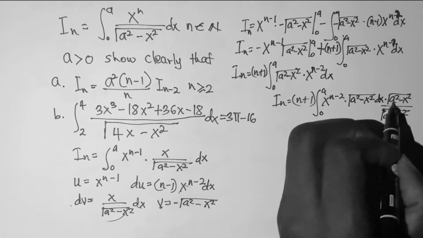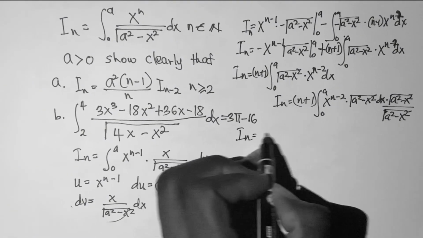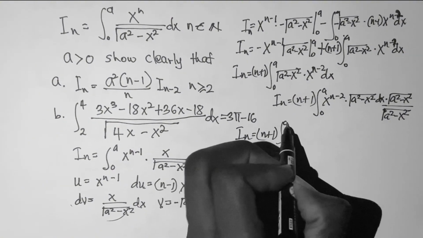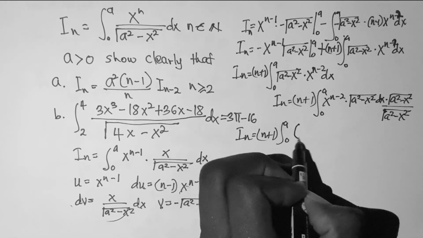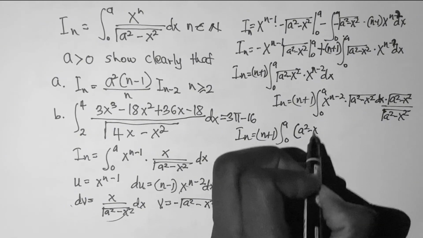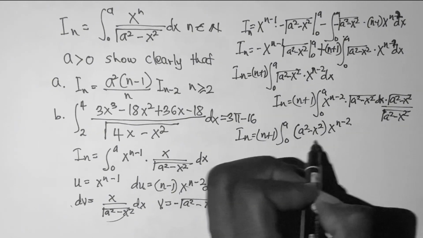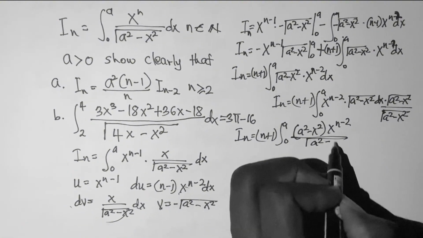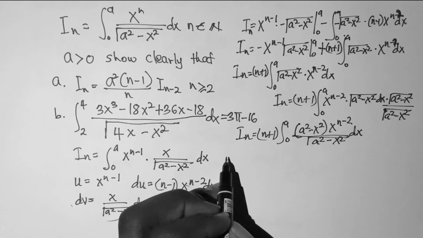So that if we do the multiplication, I of n is equal to n minus 1 times the integral from 0 to a, and this becomes (a squared minus x squared) times x exponent n minus 2, all of this divided by the square root of a squared minus x squared dx. So let's break the integral into 2.